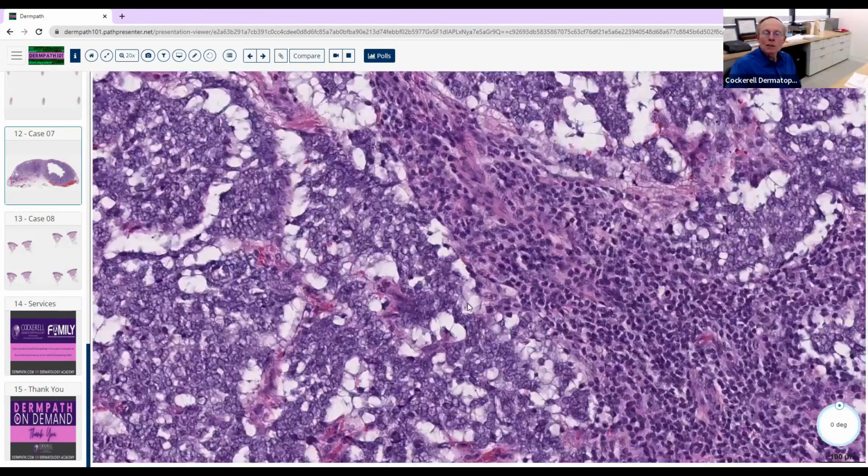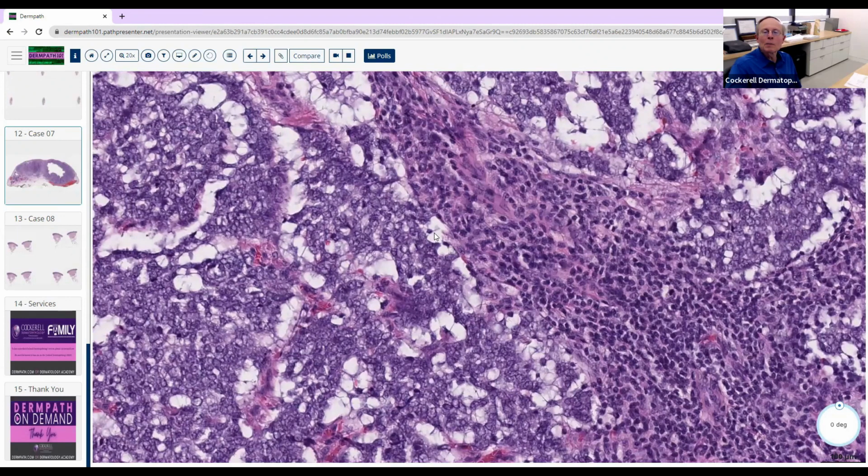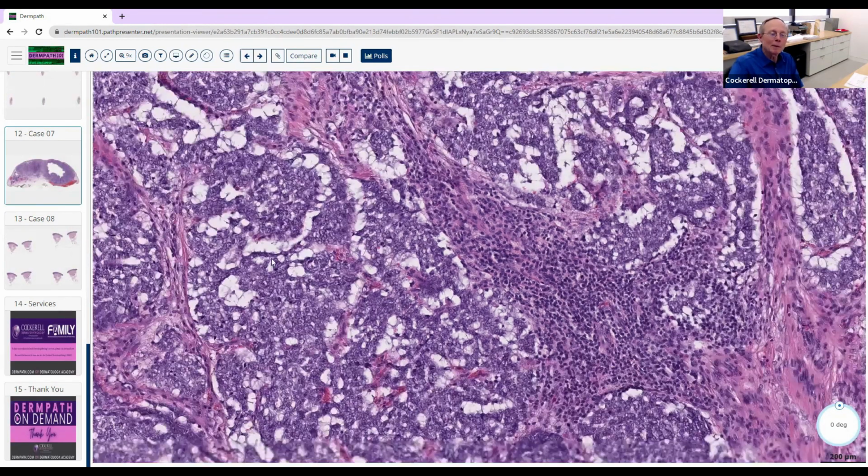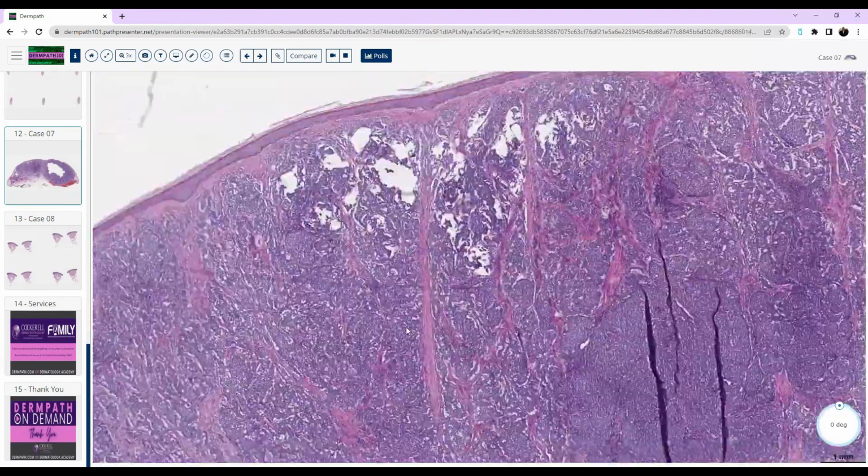But notice, this is a little bit curious for Merkel here. I think some of this is probably an artifact. But what else should you at least think about when you see bubbly cells plus basophilic cells in the skin? Sebaceous carcinoma. Good. Sebaceous is what I was trying to get you to read my mind about there. So you think about sebaceous.